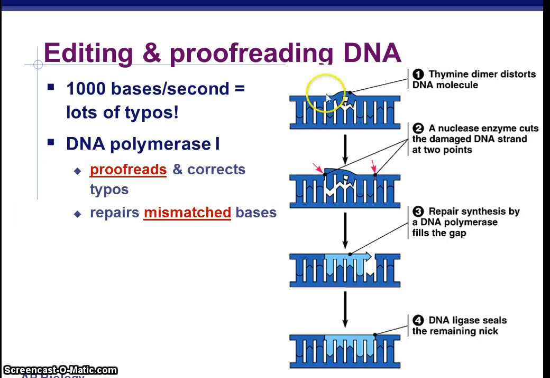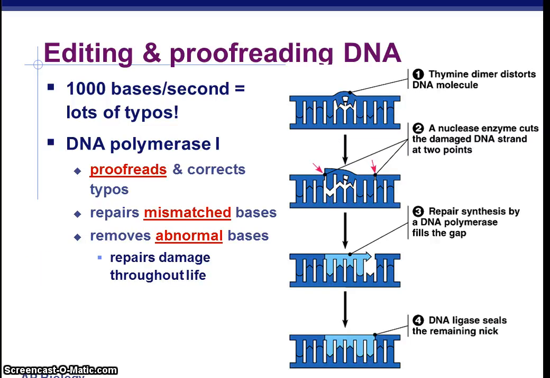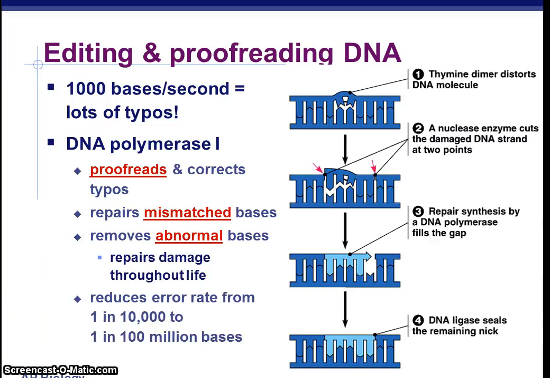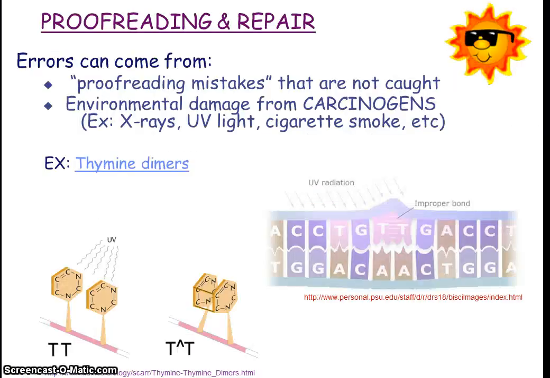So, one thing is like a bulge, so if you have 2 purines together, they can repair mismatched bases, abnormal bases, damages throughout life, and we get an error rate that is reduced from 1 in 10,000 to 1 in 100 million. So that polymerase is working pretty good.